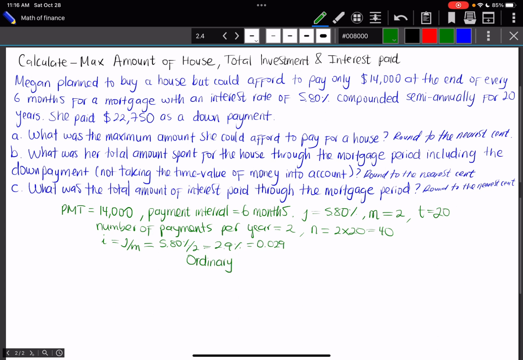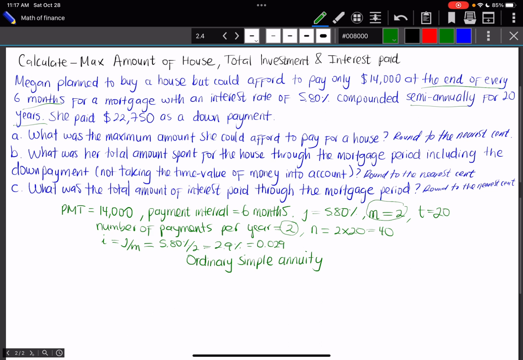And we can say that the compounding period and the payment period are the same, because Megan is willing to pay that amount of money at the end of every 6 months, and the interest is compounded semi-annually. In other words, this M right here is the same as the number of payments per year. That means that we're working with an ordinary simple annuity. So the type of annuity we're working with is ordinary and simple.